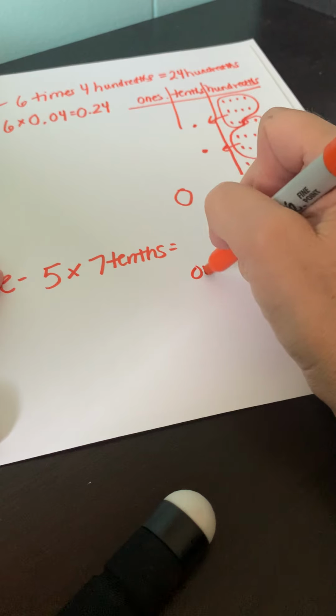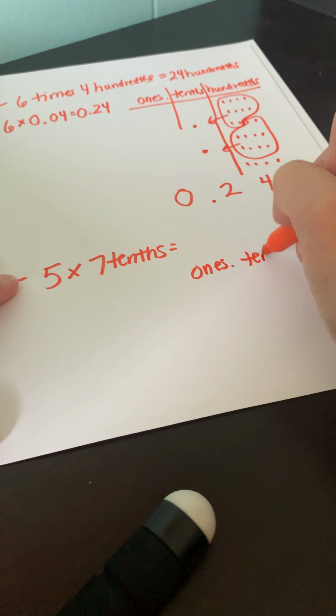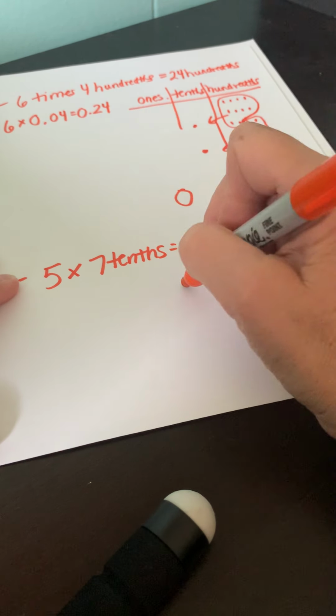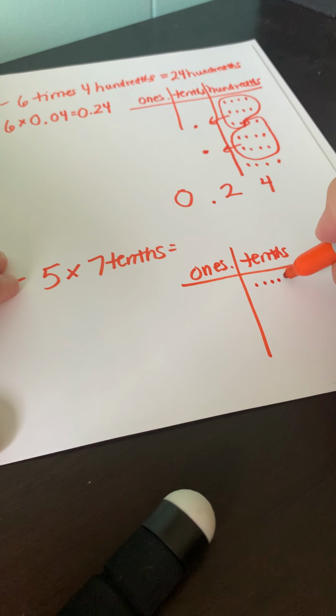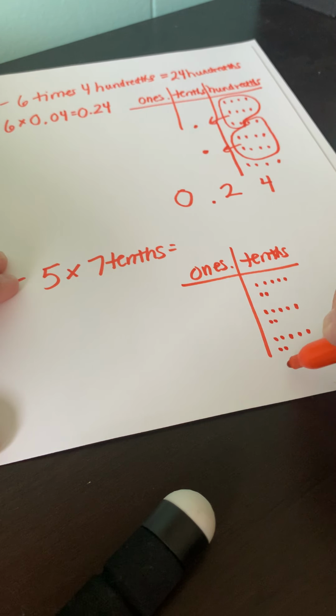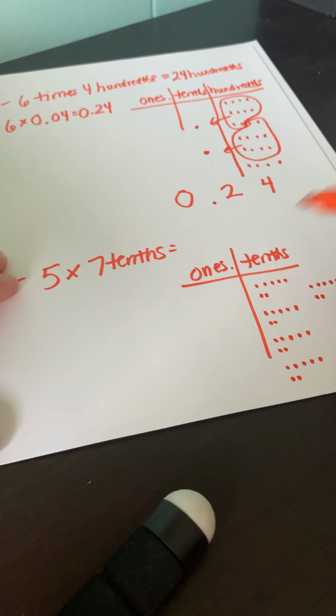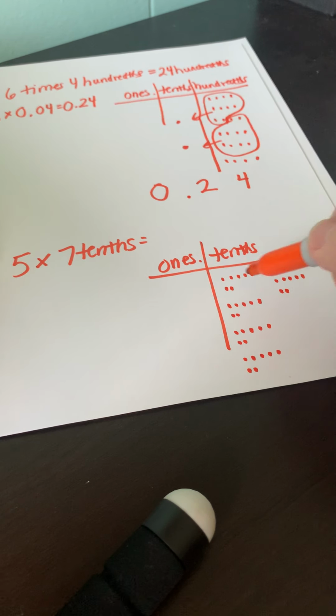Well, here I'd have ones, tenths, and I have 7. 1, 2, 3, 4, 5, 6, 7. Need one more. I don't have room. Put it over here. 1, 2, 3, 4, 5, 6, 7. That's still part of my tenths column.